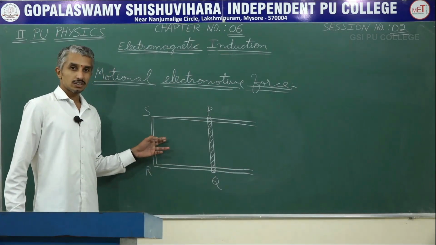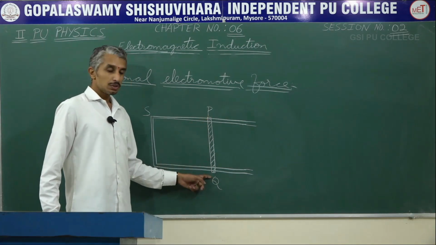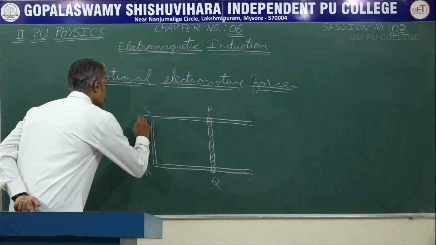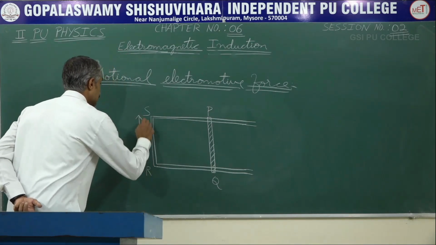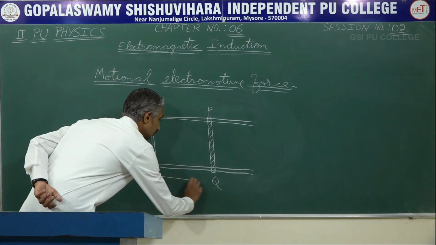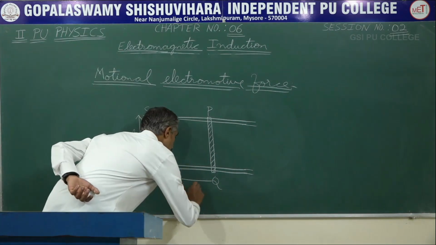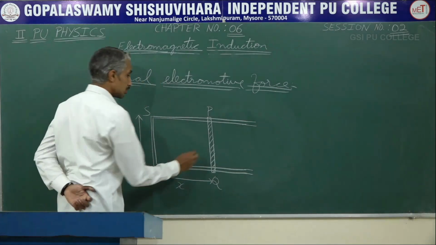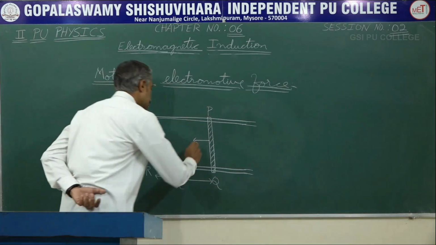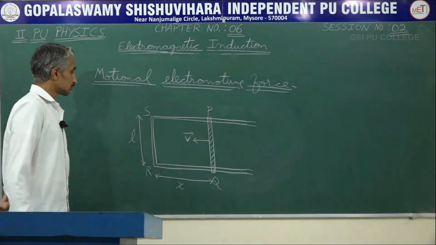We have a rectangular circuit in which the arm PQ can be moved on the frame. Let us have the length RS as L and the length RQ as x. The arm PQ can be moved with some velocity v.